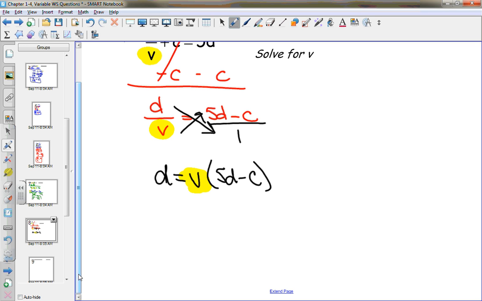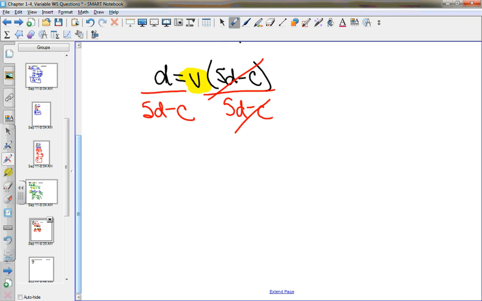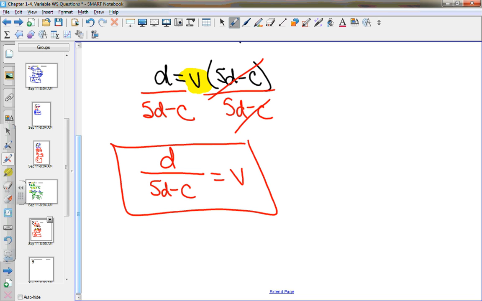How's it attached? What's the opposite? So I'm going to divide by 5D minus C on both sides. Speak mathematically and finish your statements. So I have D over 5D minus C is equal to V. Do we all understand that, yes or no?